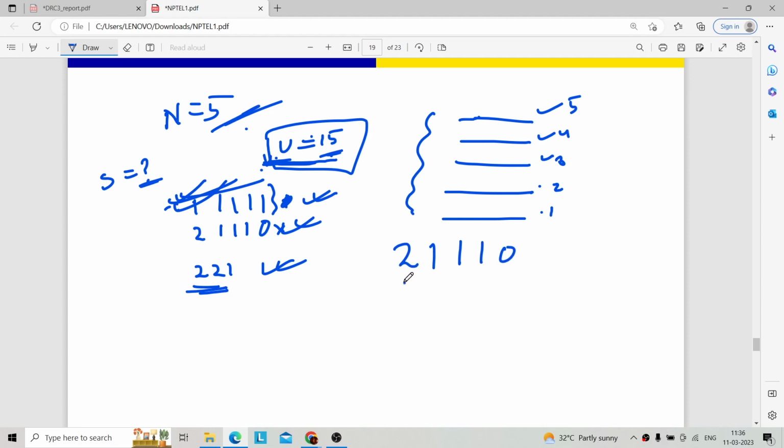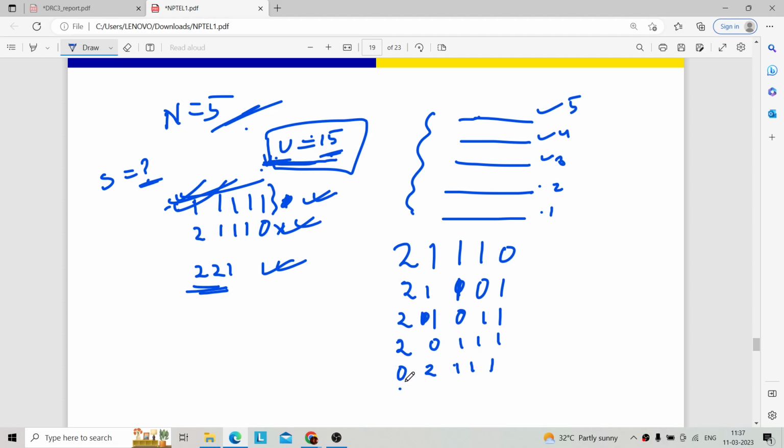One, two, three, four, five, six, seven, eight: two, one, zero, one, one; two, one, one, zero, one; two, zero, one, one, one; and so on.